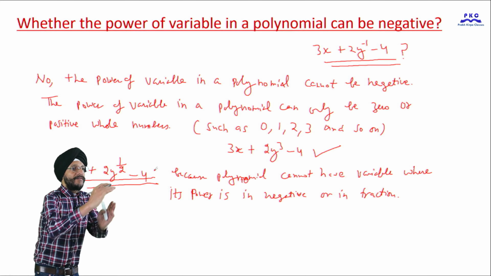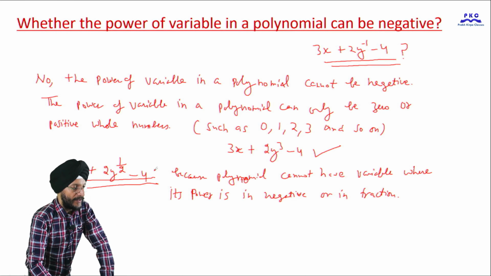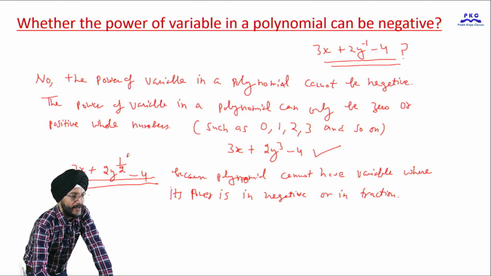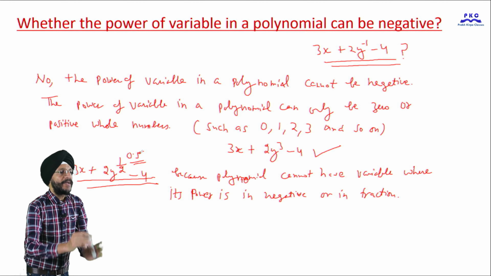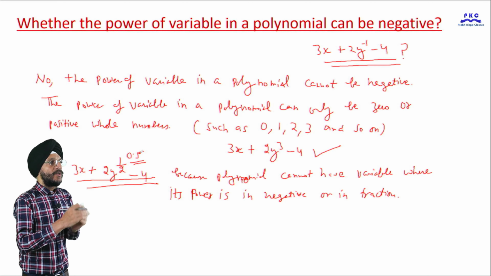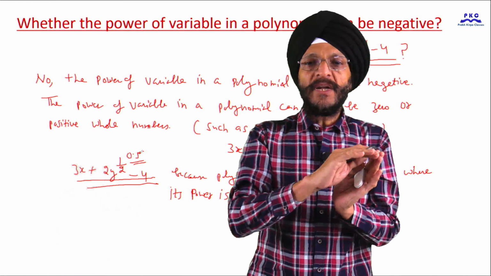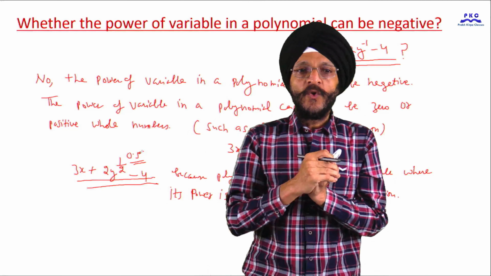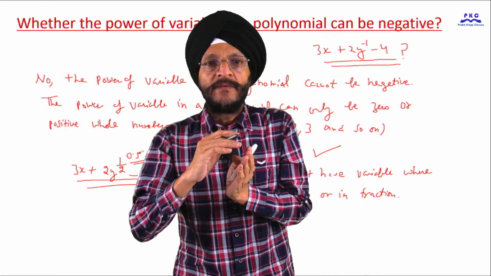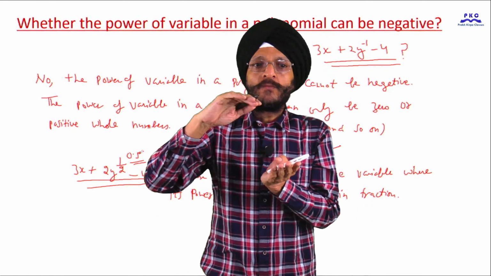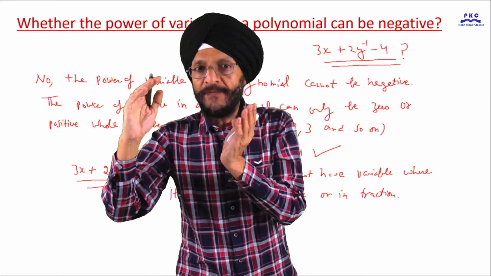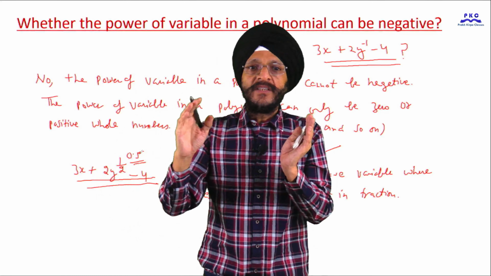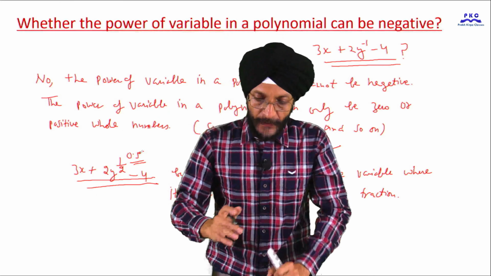Here, when we divide 1 over 2, 1 by 2, it becomes 0.5. So the power becomes a fraction. So whenever the variable has negative power, or whenever the variable is raised to the power of a fraction, it cannot be construed as a polynomial.